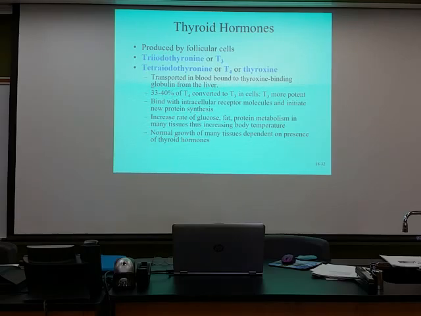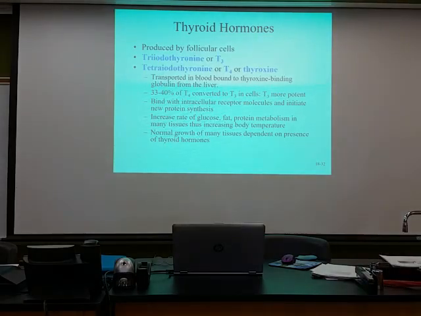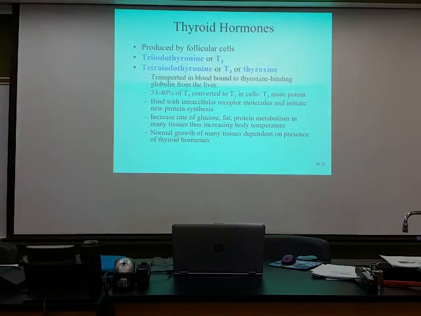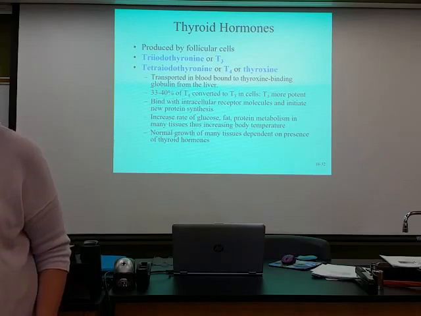So, T4, T3. Now, that hormone that's going to get produced, when we have these hormones, the hormones are going to have a target tissue. For example, with the thyroid hormone, it could be target tissue of skeleton, of muscle, right?